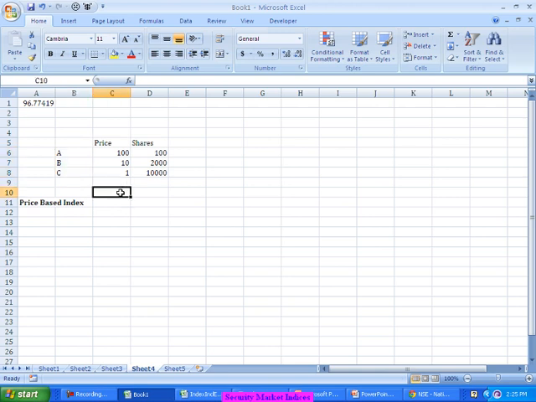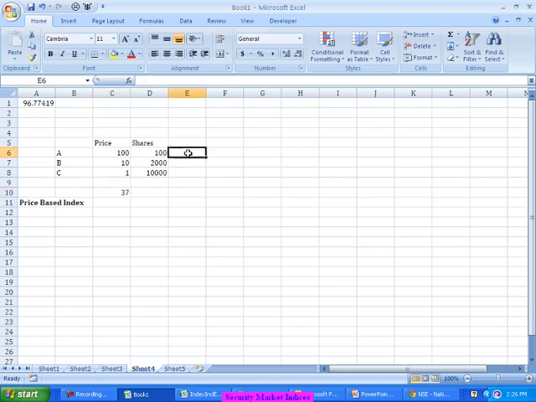Now what we are saying is I'll take the simple average of these three prices, and that will be the starting index. So the average of these three, which I am planning to include, is my starting day's index. 37 is my starting day's index.